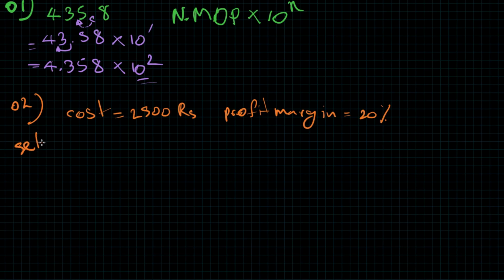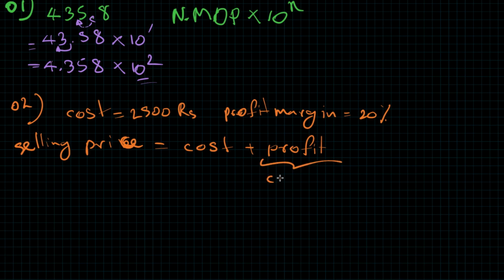Now, how can we derive the selling price of this item? Selling price is equal to cost plus profit. The profit can be written as cost into the profit margin.